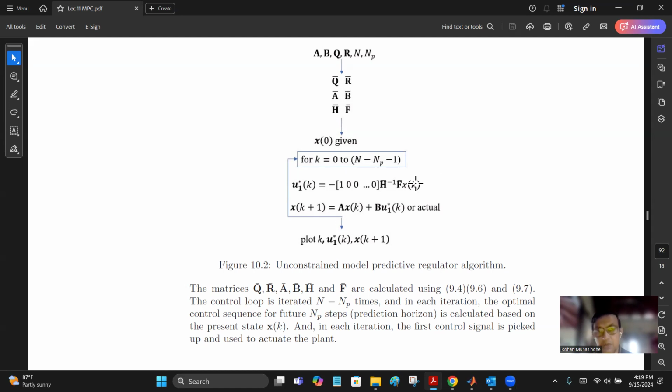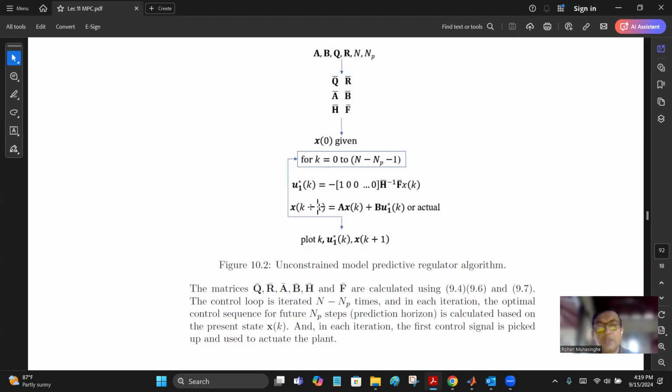Everything was from 0, because we pre-computed the whole control sequence using x0. Now it is different. We get xk, the present state, and from that point onwards, we calculate the optimal controls. Each step we do that.